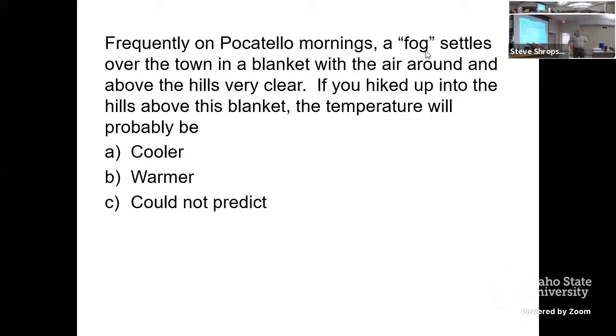And basically warm air rises. And in the case of fog, what we have is called an inversion layer. That's what this is called. And it's called inversion because normally you've got, well, it's where you got this temperature inversion.